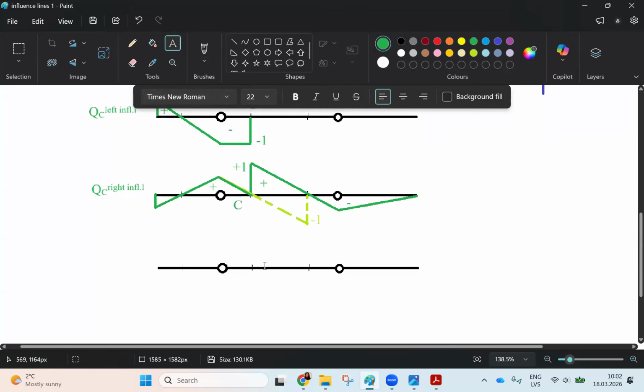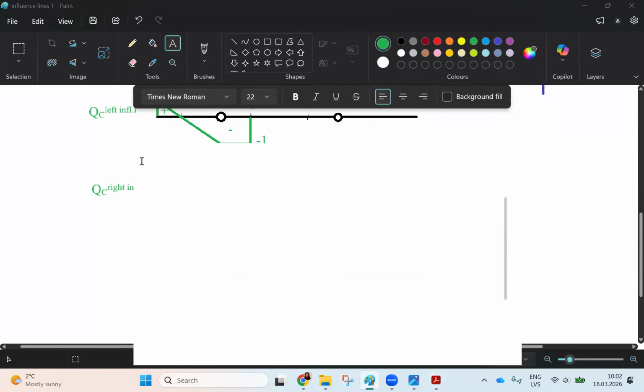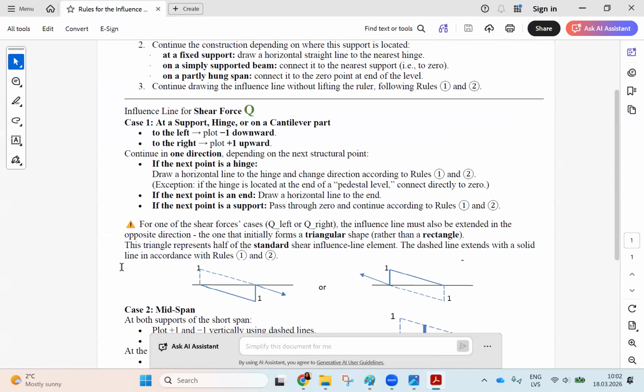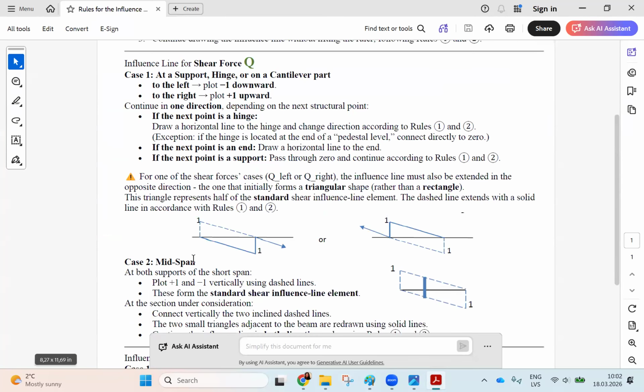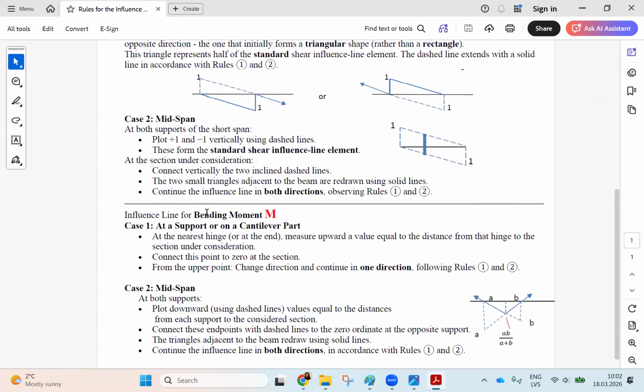And for the point C, we have the bending moment at the support. Here we use case 1; there is also case 2, for mid-span points. For the influence line of bending moment we do case 1, the same as we did for the shear force.